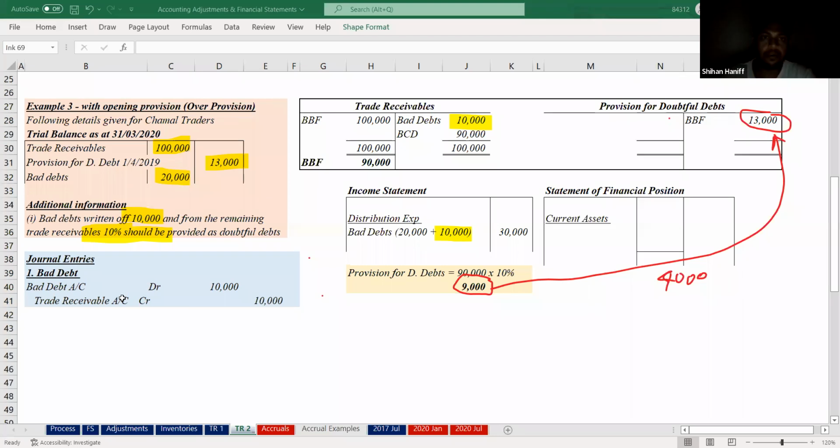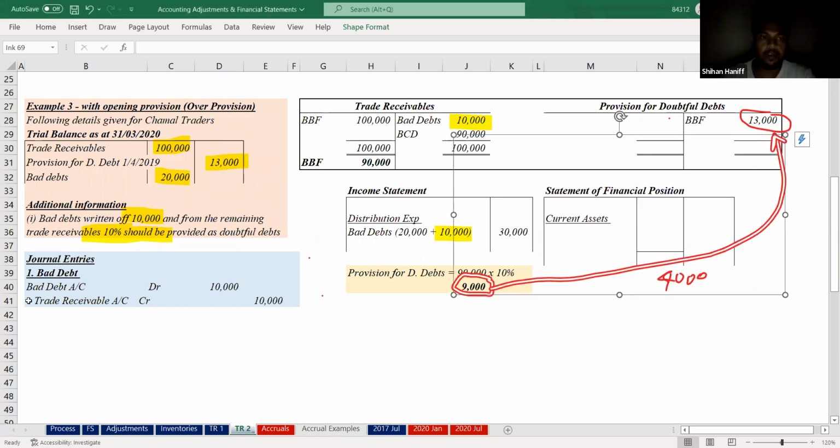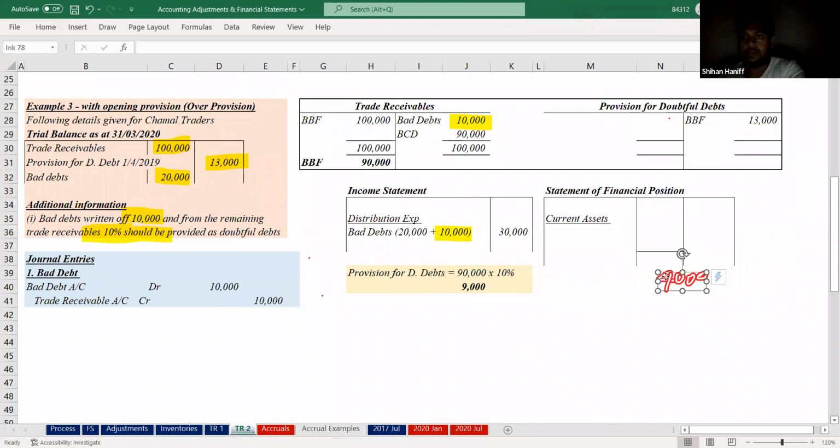Then the doubtful debt double entry is provision account debit. Here you have to deduct.